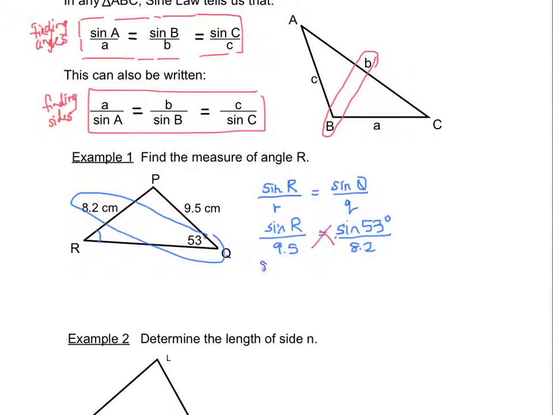So we'll have 8.2 sine R on one side of the equal sign, and 9.5 sine 53 on the other side of the equal sign. Divide both sides by 8.2 to get sine R by itself.